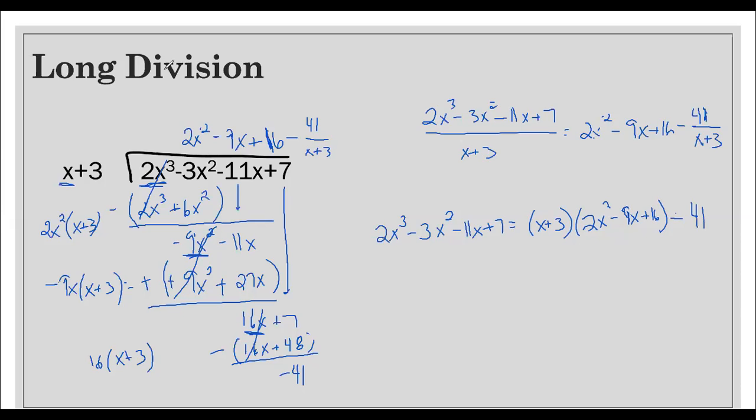Okay, so essentially we're multiplying both sides by x plus 3, and we just pulled this last term out. But this is our divisor and our quotient, plus our remainder.